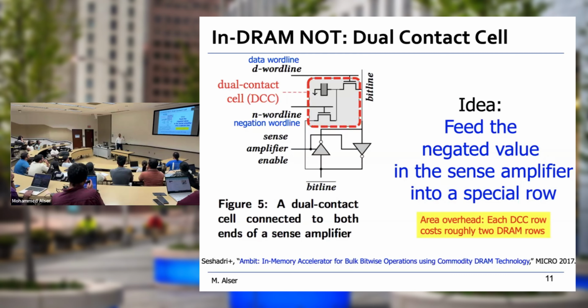We activate 3 rows all the time, meaning that we don't really activate 3 bits, but we activate the entire row. So we perform AND operation or OR operation or NOT operation on the entire row. So if the row has 1024 bits, that is the size of the AND operation.